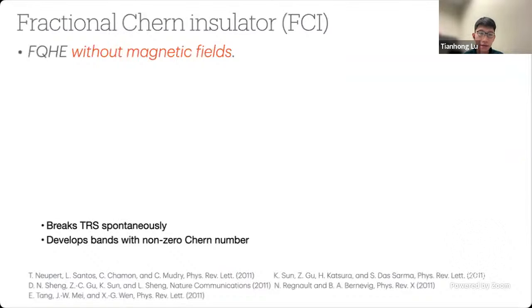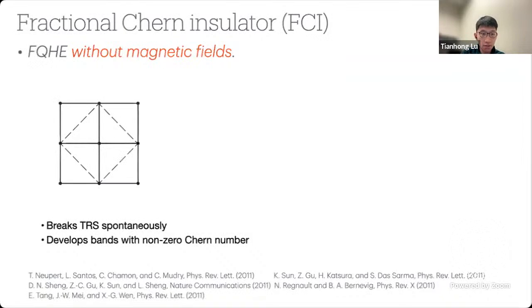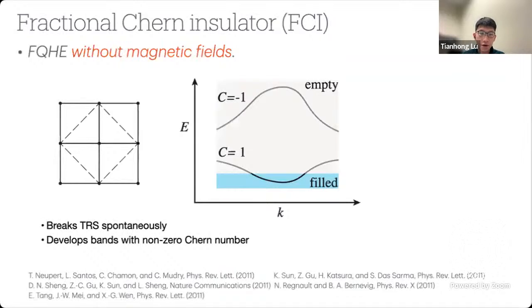When you fill a fraction of the band, interaction will lead to a fractional quantum Hall conductance at different specific filling fractions. So this is great, but we don't have to have an external field in order to have those non-zero Chern numbers. FCI is a system on a lattice. It can be any kind of lattice, usually with staggering fluxes, but on average, the flux or the field is 0. FCI breaks time reversal symmetry spontaneously by developing bands with non-zero Chern number.